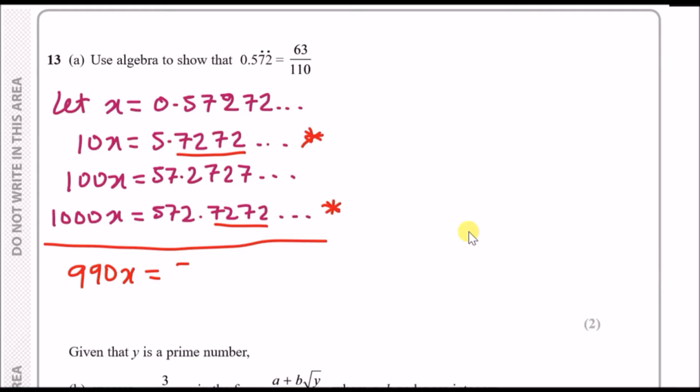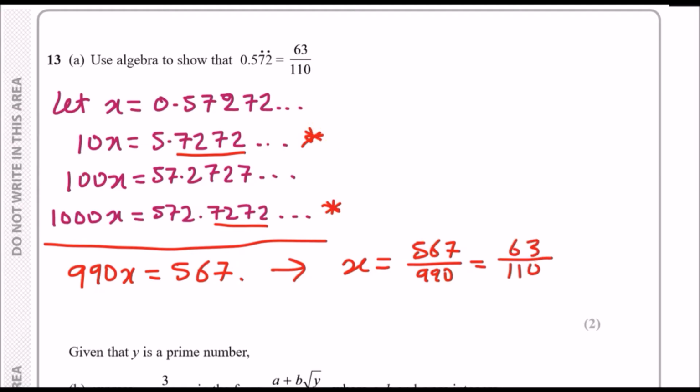And that should give us 567. To find x, you just divide by 990. So this means that x is 567 over 990. And then essentially just simplify this fraction, or just put this in a calculator. You'll get 63 over 110.